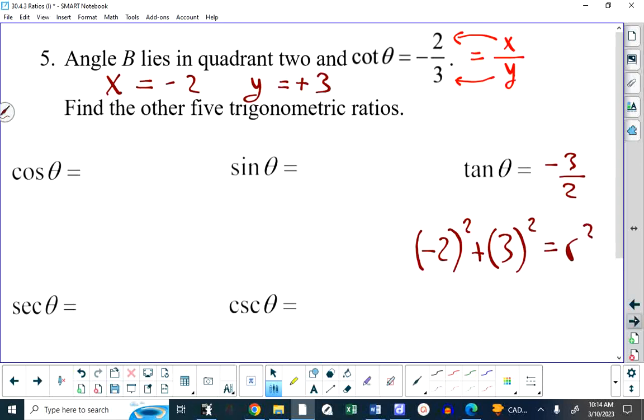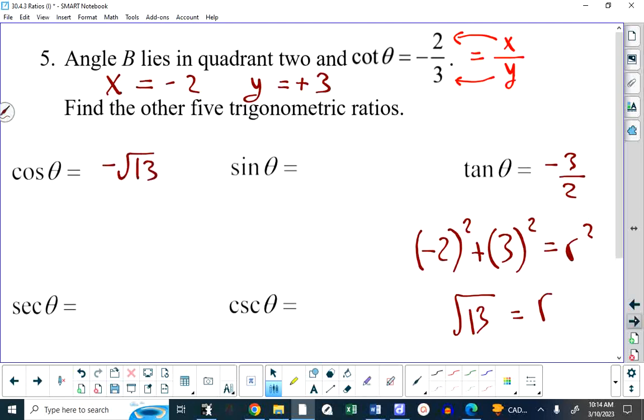I think that's 13. So r equals root 13. And by the way, we don't write plus or minus. You can and then go, oh, except it can't be negative. R is always positive.